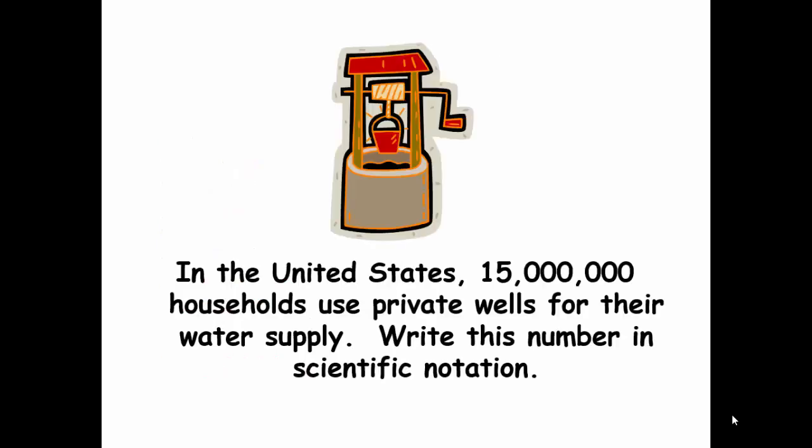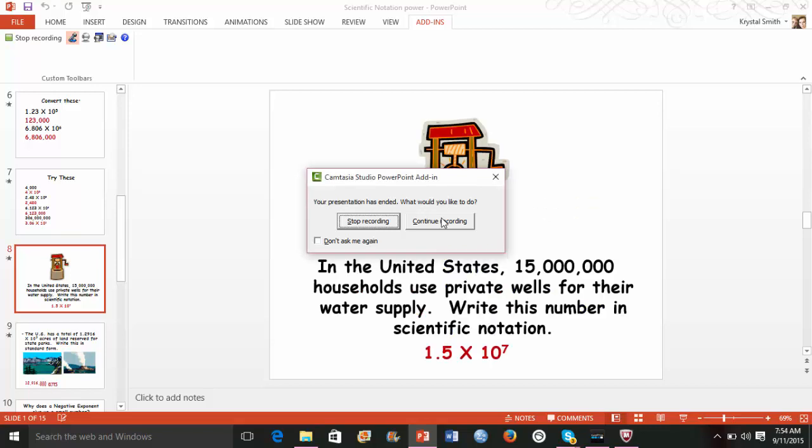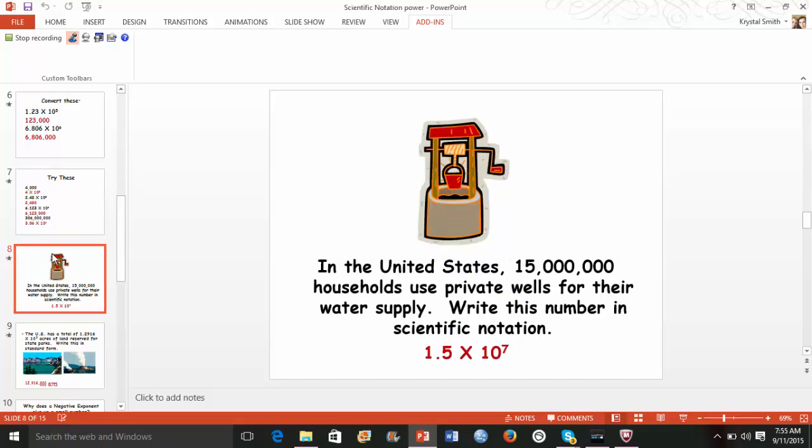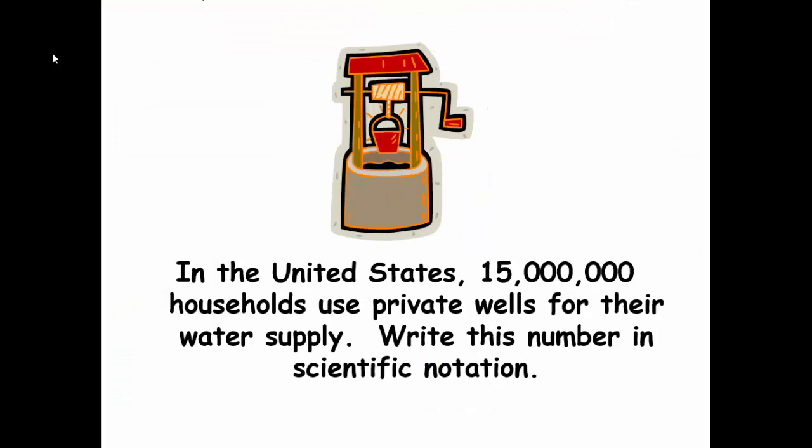So in the United States, there are 15 million households that use private wells for their water supply, and we want to write this number in scientific notation.